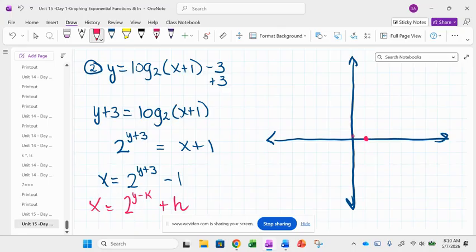So do we agree we're shifting 1 unit to the left? And then 3 units where? Not up, down. So this is my new key point. And then I'm going to have a vertical asymptote, 1 unit to the left of that.